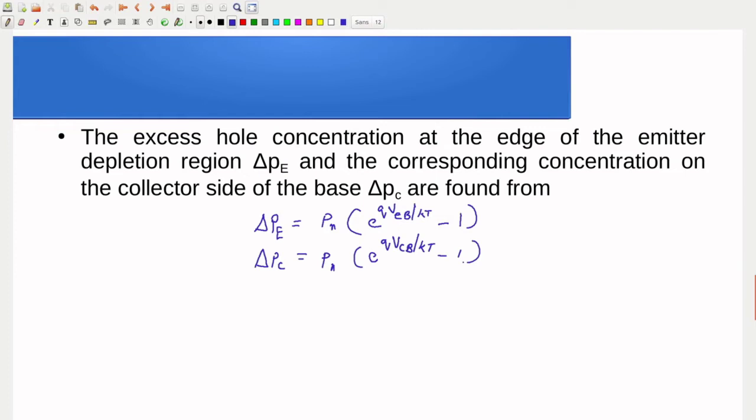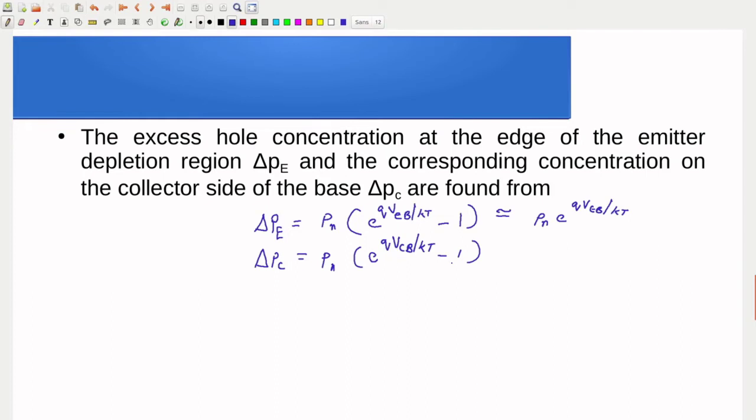And this can be simplified. If the emitter base junction is strongly forward biased, then this can be written as approximately equal to Pn e raised to QVEB by KT, neglecting that one.